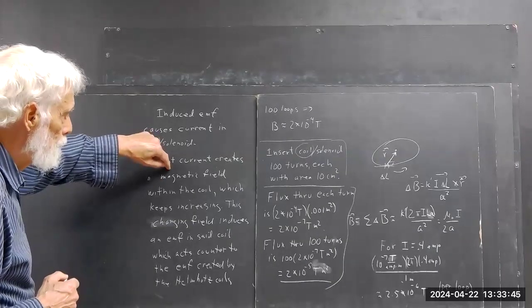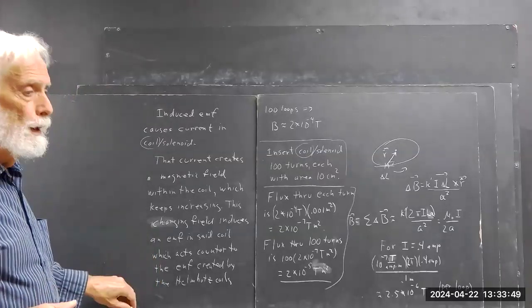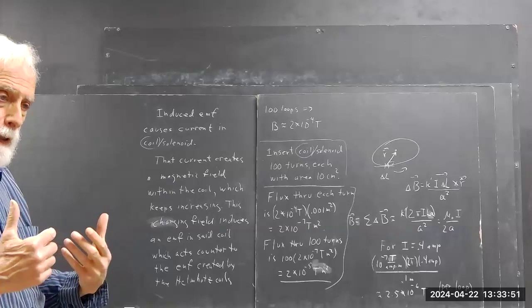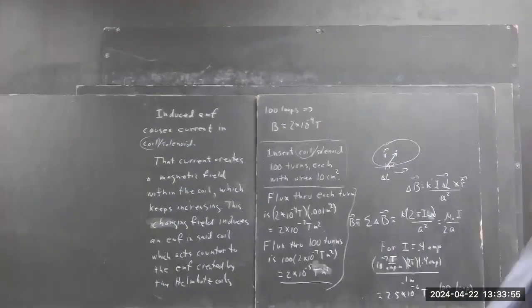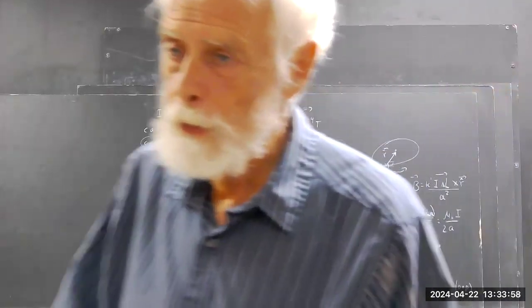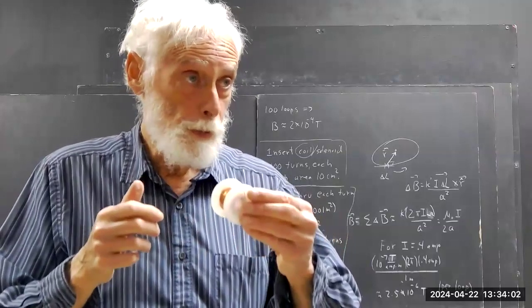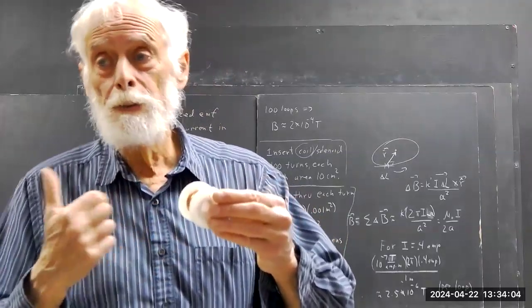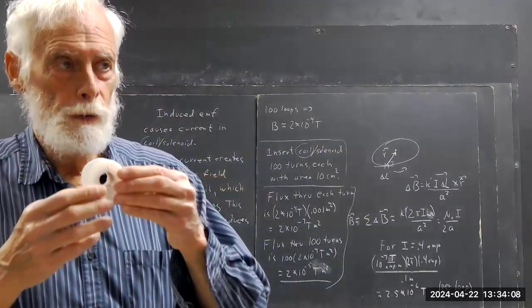If this current changed too quickly, the back EMF, okay, so we're going to say those coils create a changing magnetic field, it's oscillating back and forth. Goes this way, goes back to zero, goes this way. Okay, so we have a changing magnetic field here.